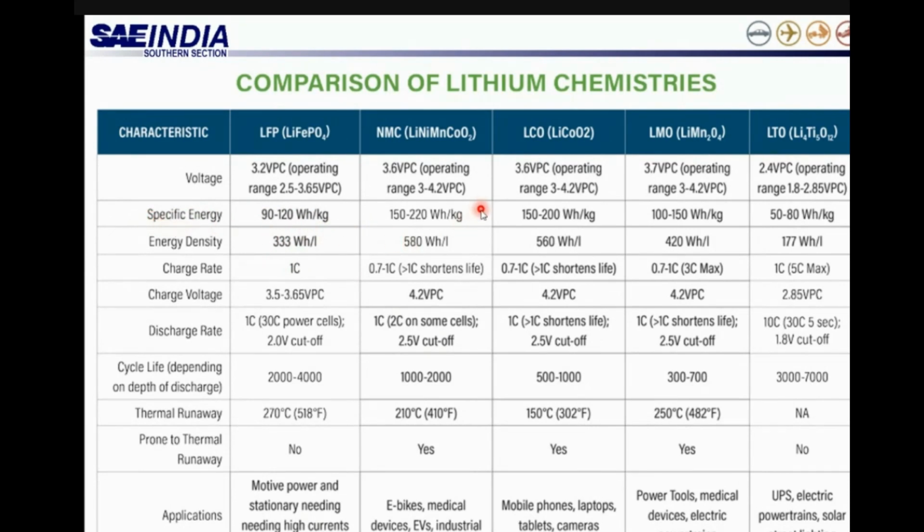NMC has a specific energy of around 150 to 220 watt hour per kilogram, which is better compared to all other chemistries. Likewise, the energy density as well. So the two critical factors that we spoke about, the volume and the weight, NMC does very well on that.